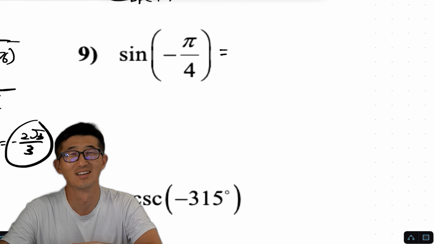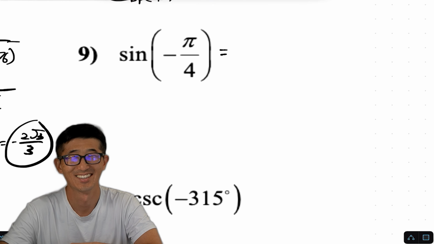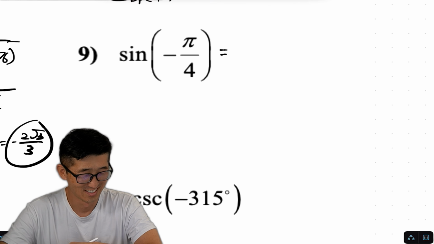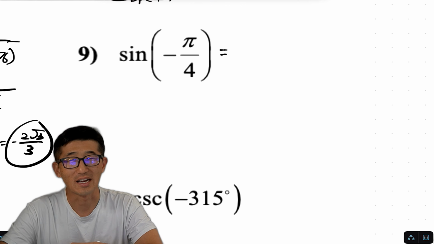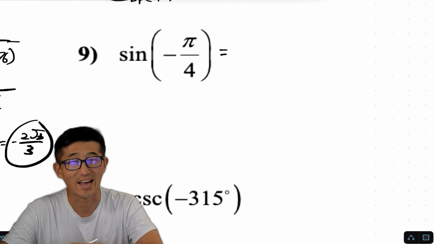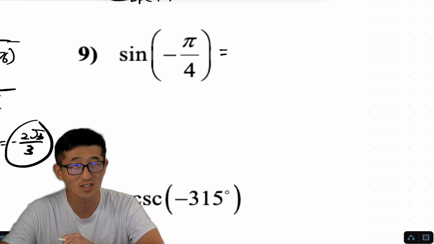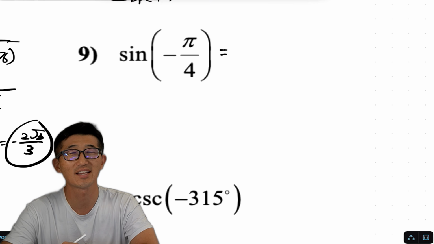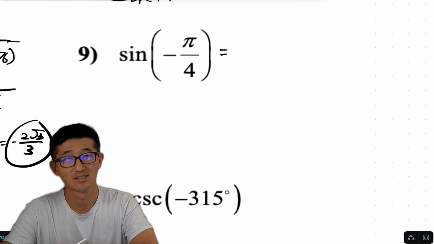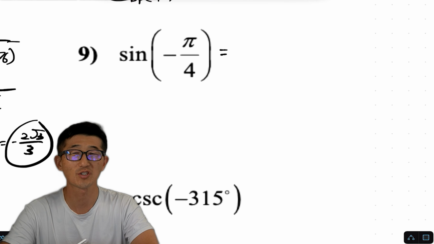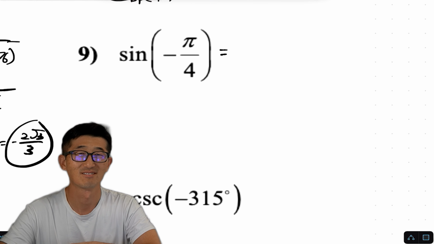Negative rad 2 over 2. Wrong. Come on. I told you, you have to always ask, is the answer going to be positive or negative? Always nail that down first based on the quadrant. What quadrant are we in? 4.